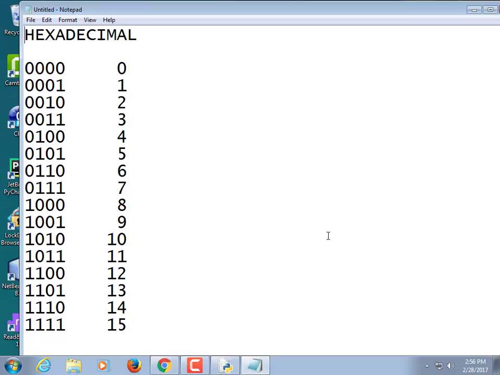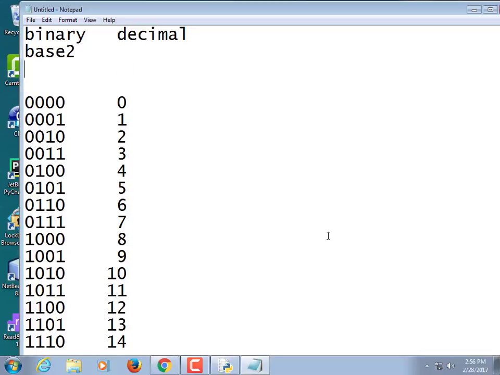So this is the binary column, the base 2. This is the decimal, base 10. And then this is the hexadecimal. Hex meaning 6, decimal meaning 10, so that's base 16.